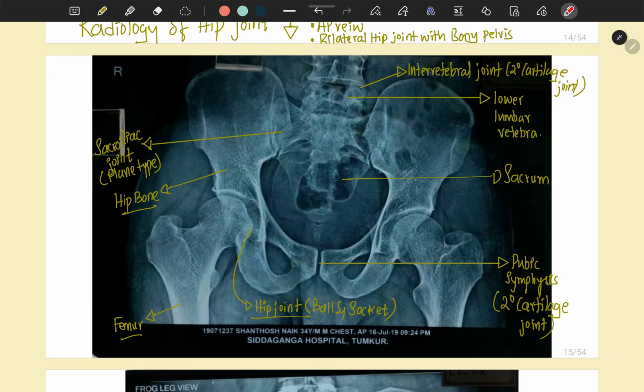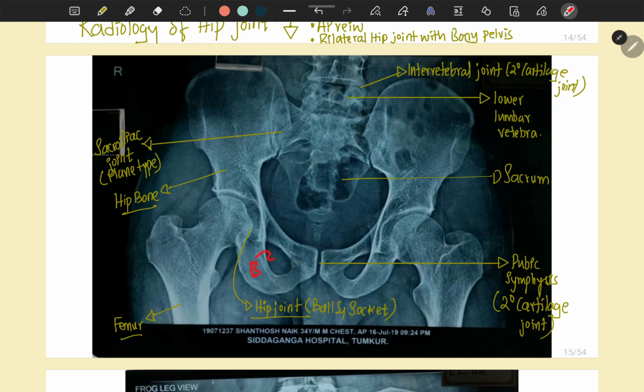In the pubic bone, you can see the pubic symphysis, and this is the pubic arch. The pubic arch is formed antero-inferiorly, and it contains the body and the superior ramus and inferior ramus of the pubis. This is the obturator foramen.